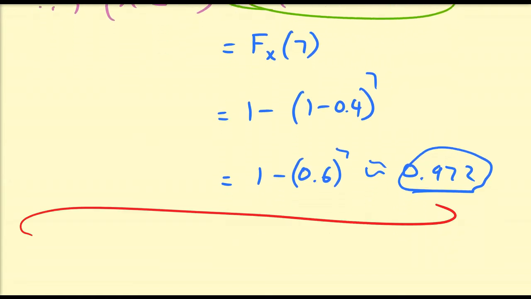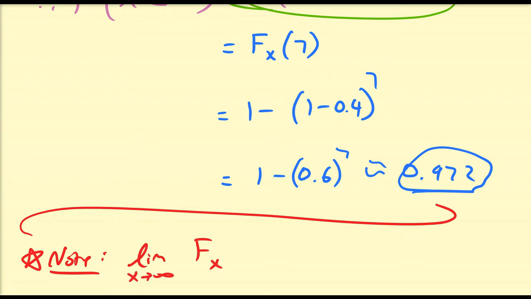Now, one property that you should know for CDFs for discrete random variables is that as you approach infinity, the cumulative distribution function should be equal to 1, assuming that the support for x is not bounded above, right?